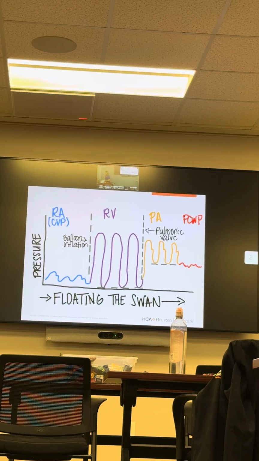What information are we really gleaning here? Well, with the right atrial pressure, we're getting the filling pressure to the right side. We're getting, is my heart getting enough fluid to continue to pump out good fluid? That's what we're getting. So the same thing is true for the left. With our wedge pressure, we are understanding, is the left side getting enough, but also, are they overfilled?